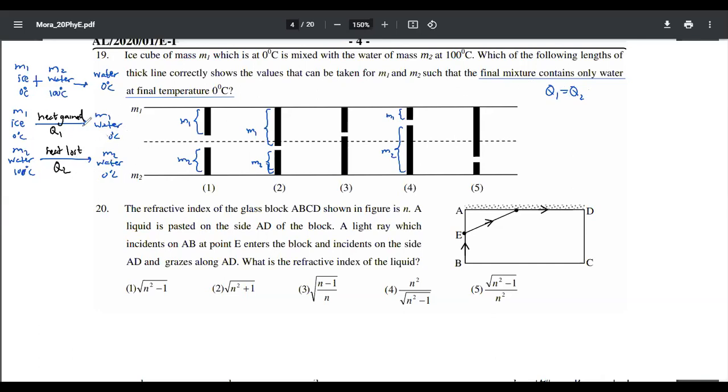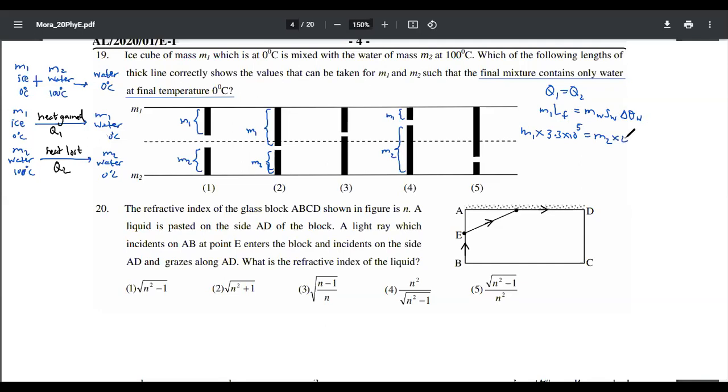So Q1, that is ice melting, equation is going to be M1 LF, latent heat of fusion, equal to Q2, which is water: mass of water, specific heat capacity of water, change in temperature of water. So M1 into LF, we know it's 3.3 into 10 to the power 5. You should roughly remember the value. If not, you can't do this question. They have not given that. Equal to MW, mass of water is M2.